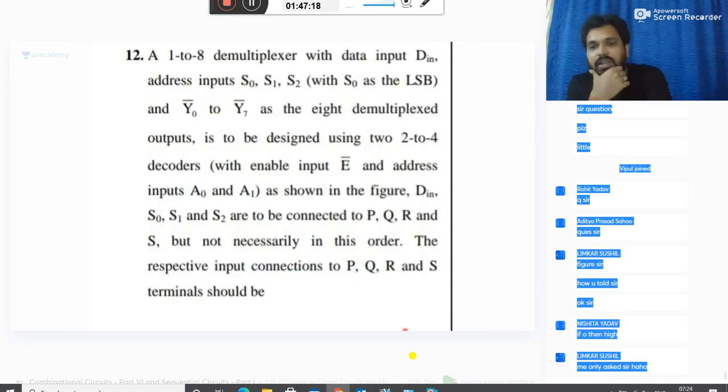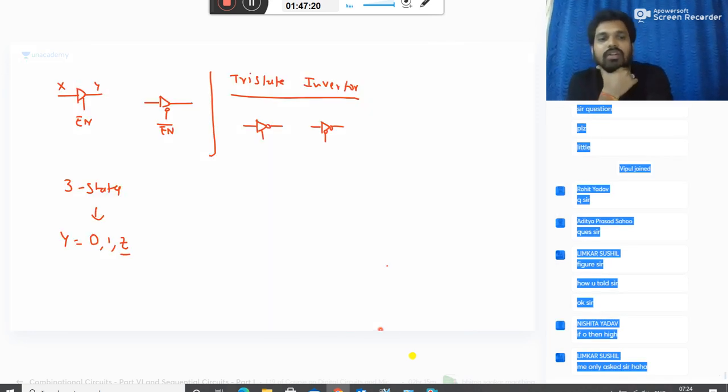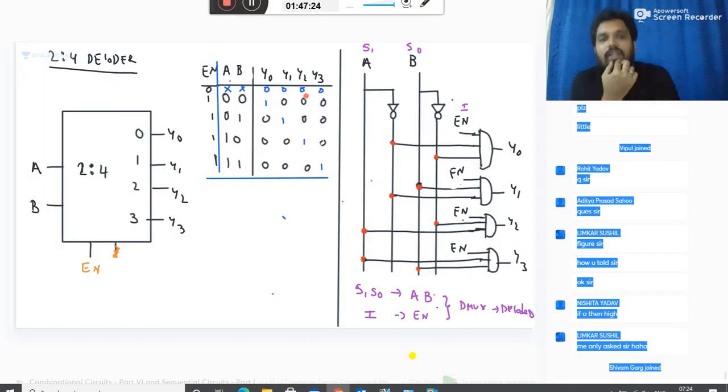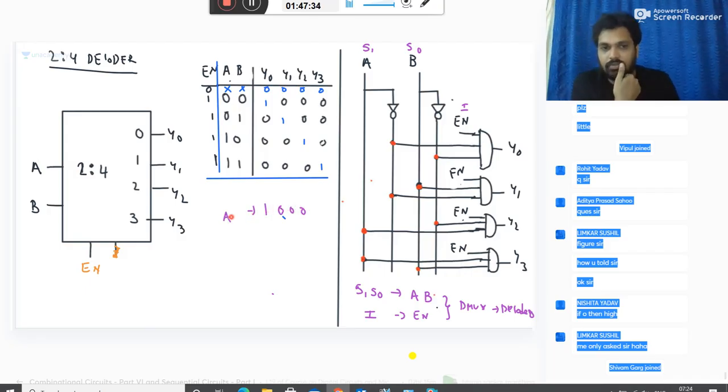Please let me explain. Wait, I will tell you. See, earlier when it is activated, you got one and the remaining are all zeros per decoder. You got it like this. This is active high: when the input line is activated, the corresponding output will be high. What is active low?